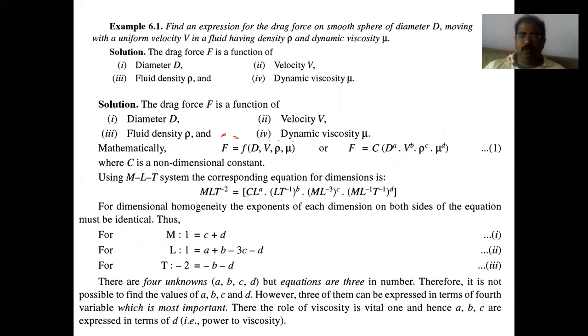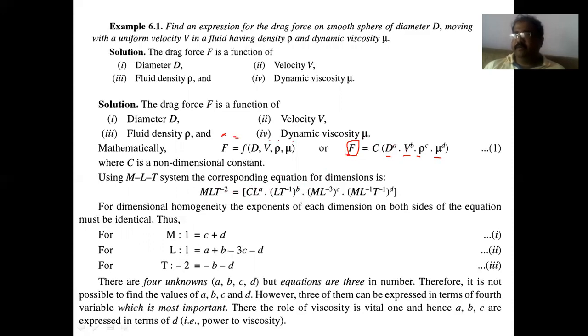Let's convert these different quantities into their basic or fundamental dimensions. We already discussed that the dimension of force is M L T raised to power minus 2. C is the constant, and d is the diameter, meaning length, so it will be denoted by L raised to power a.